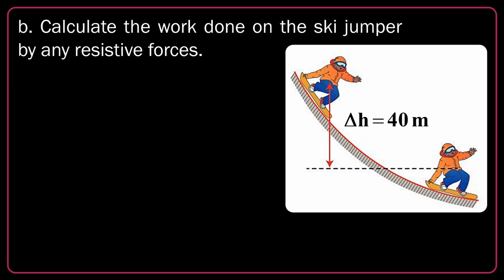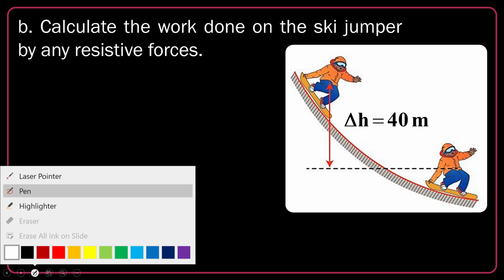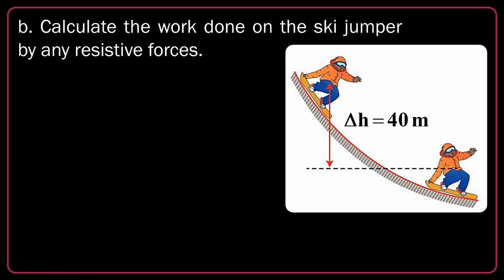Part B, calculate the work done on the ski jumper by any resistive forces. Okay, let's suppose that we have a small resistive force all along the motion. So if I have the total mechanical energy E1, and the total mechanical energy E2, E2 is necessarily smaller than E1.